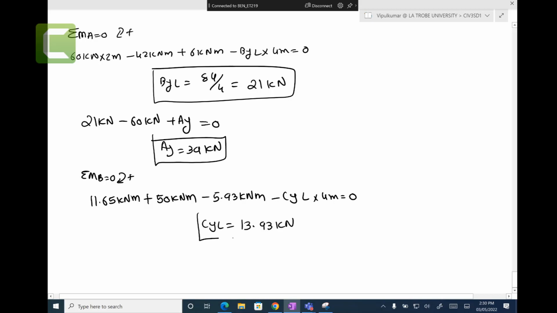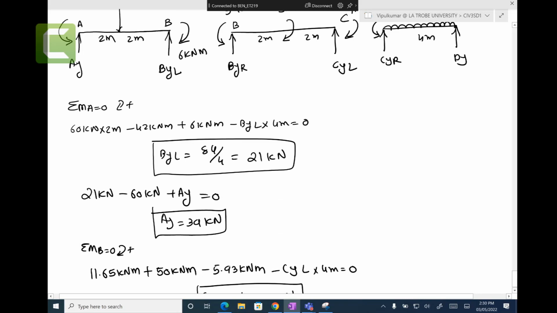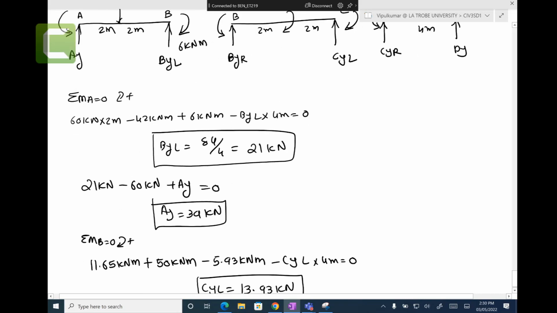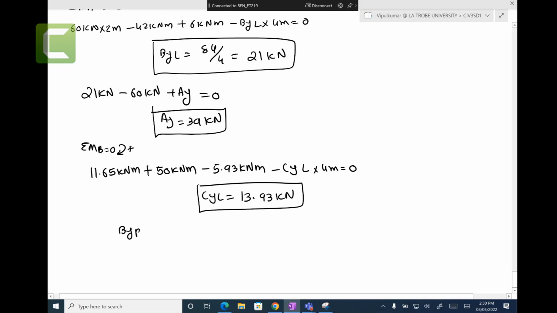CYL is 13.93 kilonewtons. Sum of the force in the Y direction, so BYR would be minus 13.93 kilonewtons.